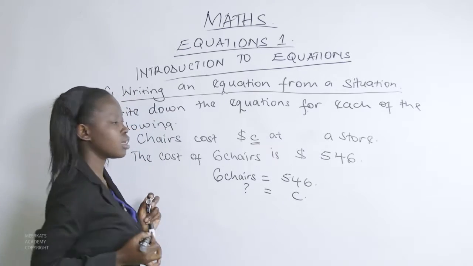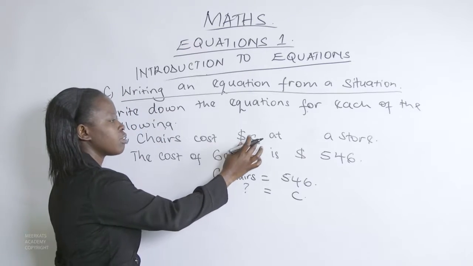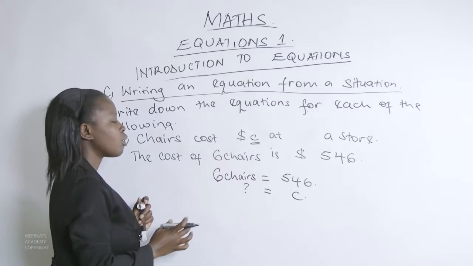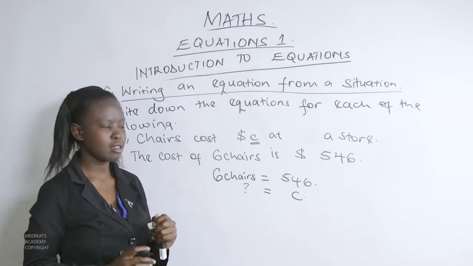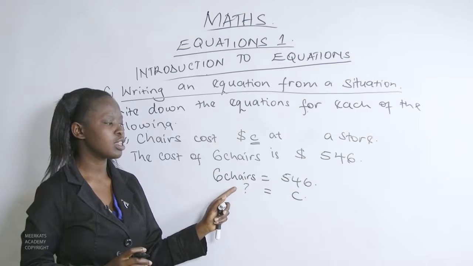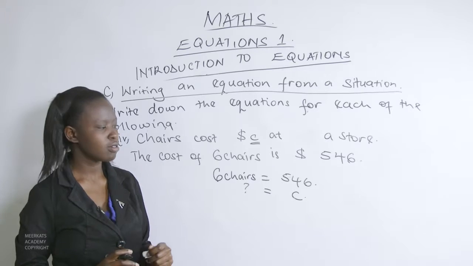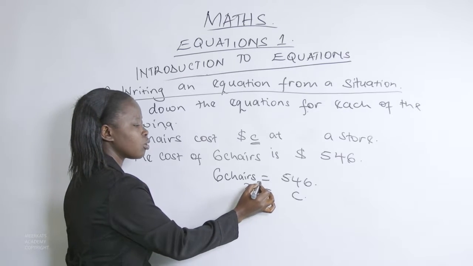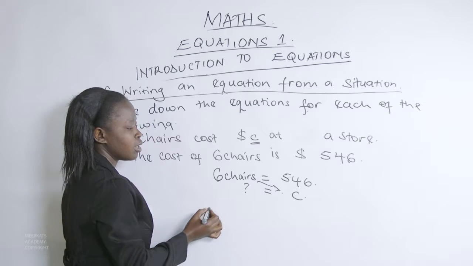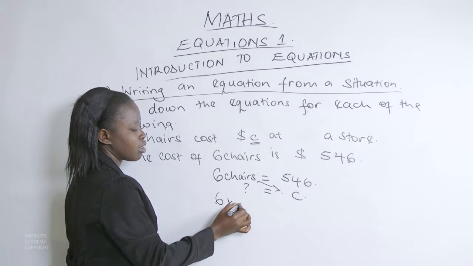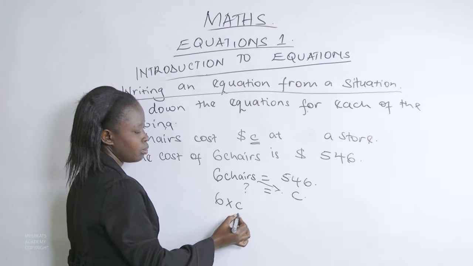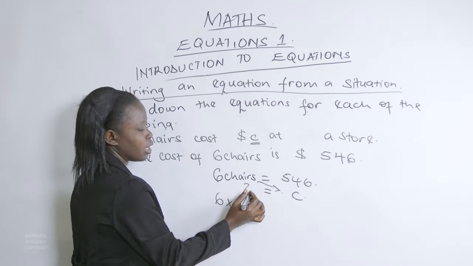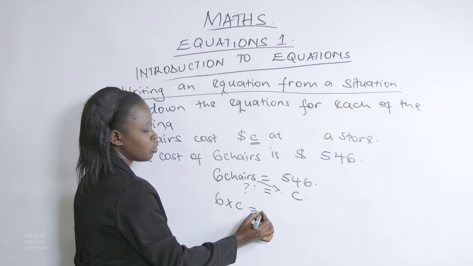So how many chairs do we have? The cost of chairs at a store is $C. The cost of 6 chairs is 546. So we need to find out how many chairs are representing the $C. So when we cross multiply, then we have 6 times C will be equal to a value of chairs that we don't know.